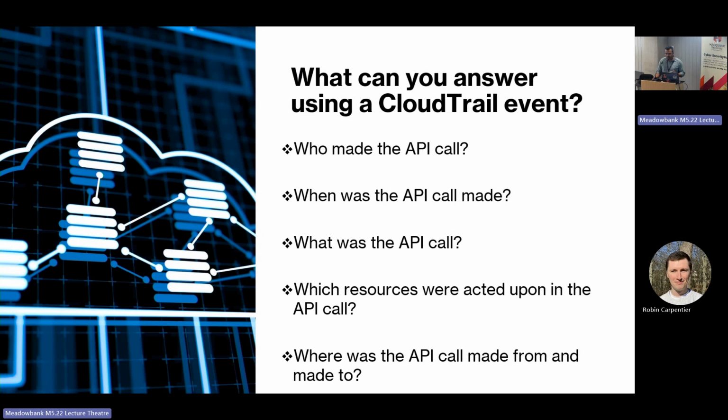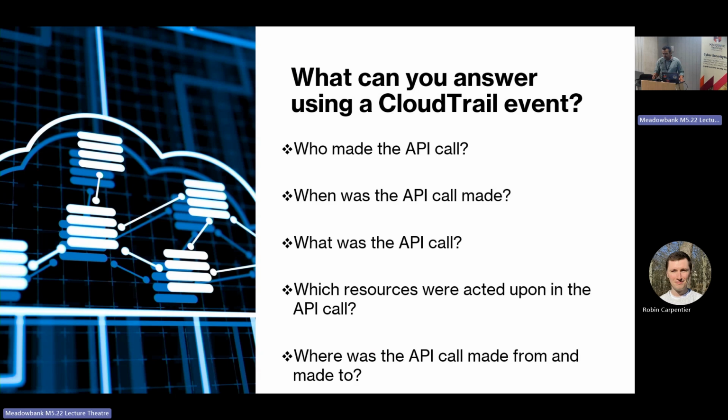who made the API call, whether it's an IAM user or role which was the entity which made the call. When was the API call made? So date and time. What was the API call? For example, console login, even though it's a non-API call, but if you're starting an instance or stopping an instance, stop instance is an API call.